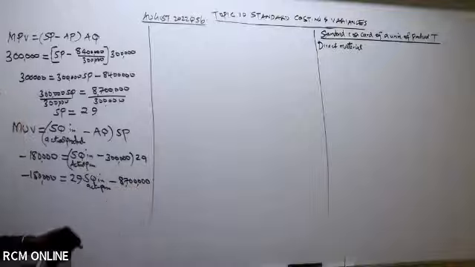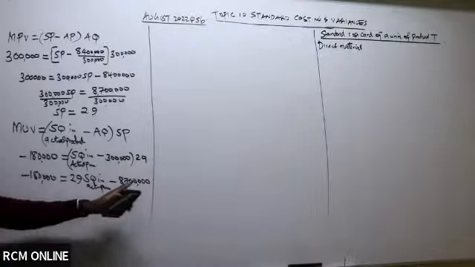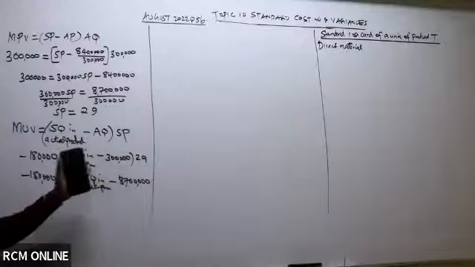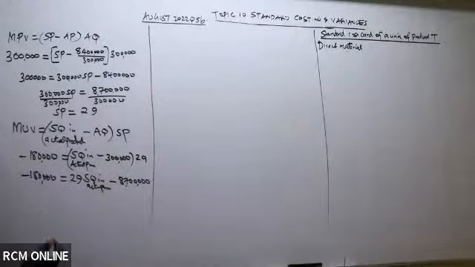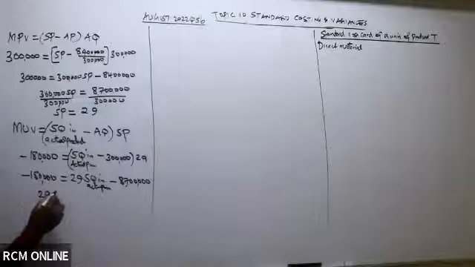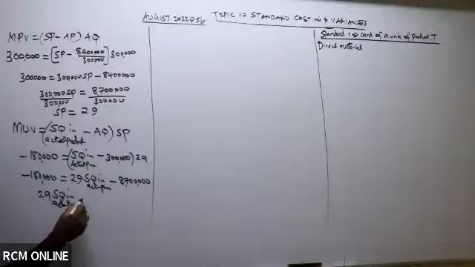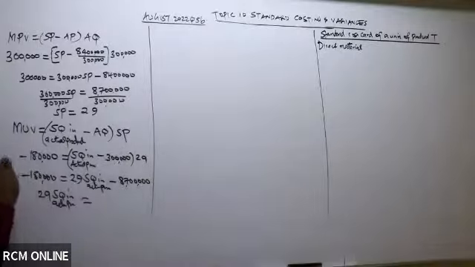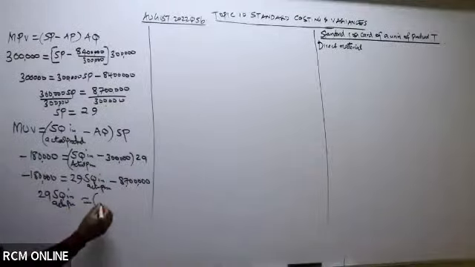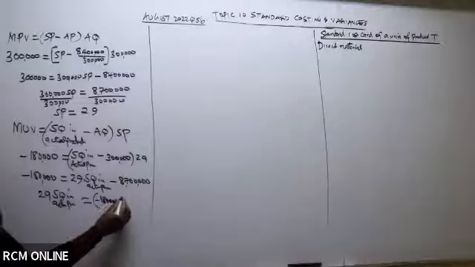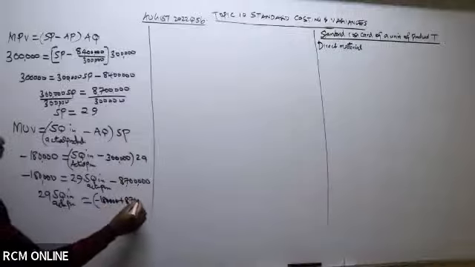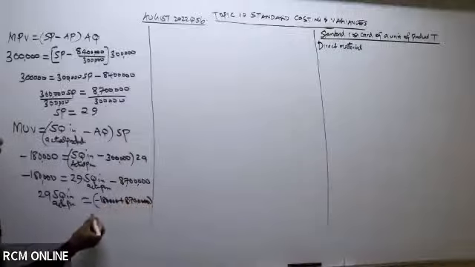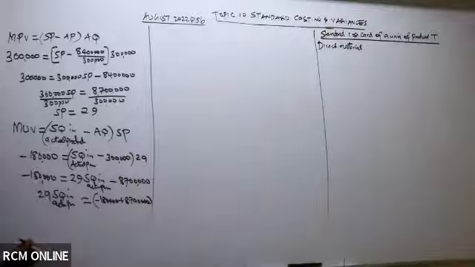Good. Now we want to collect the like terms. Of course, the 8,700,000 will cross the equal sign, and if it crosses the equal sign, it will be a plus. So we have negative 180,000 plus 8,700,000.